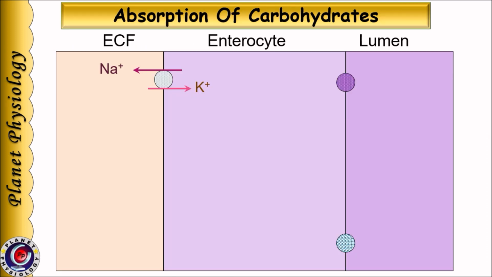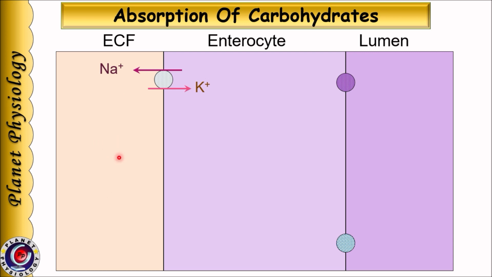Now let us understand the process of absorption of these end products with the help of a simple line diagram. This rectangle represents enterocyte. This is the lumen of GIT, and therefore this border of the enterocyte is called as luminal border of enterocyte.